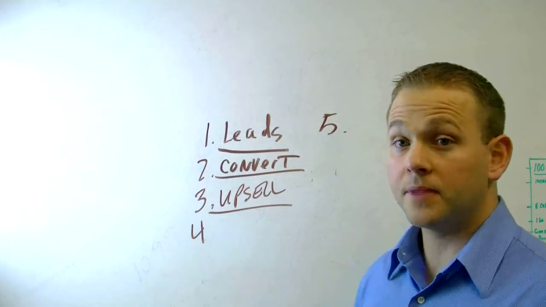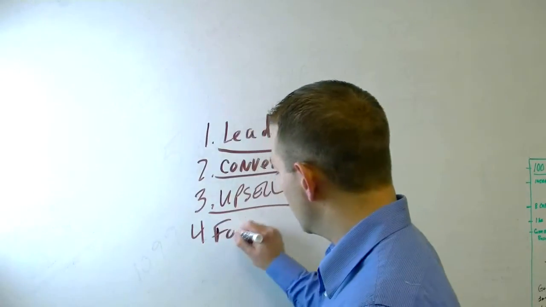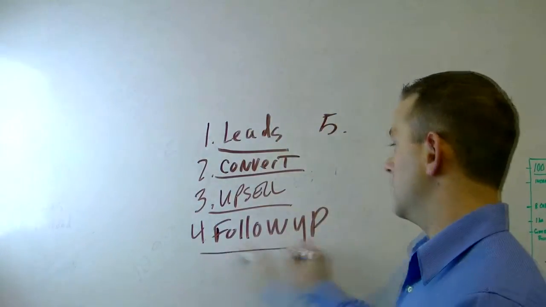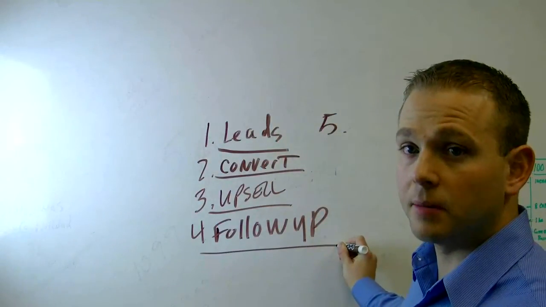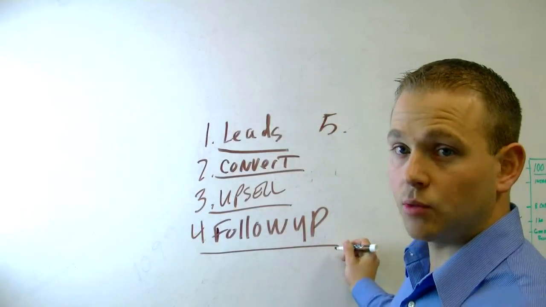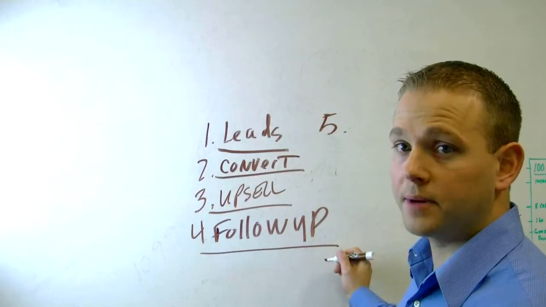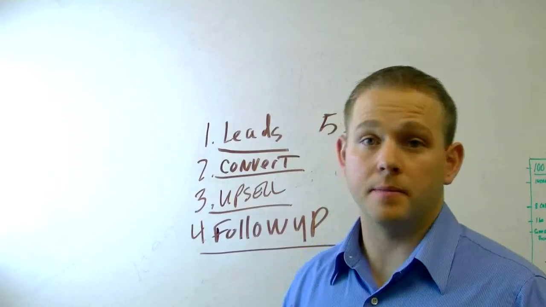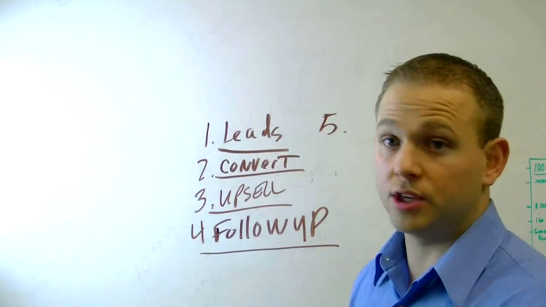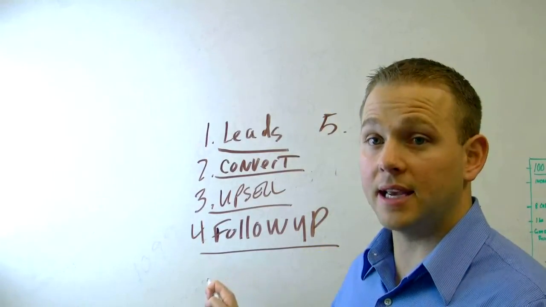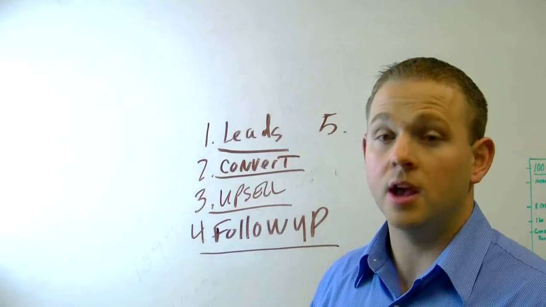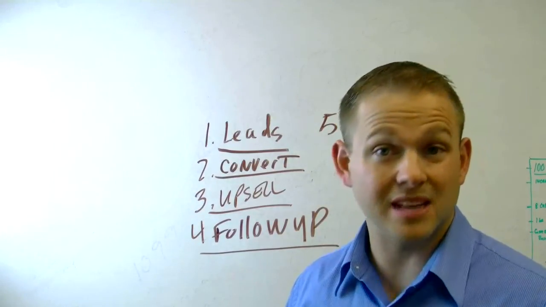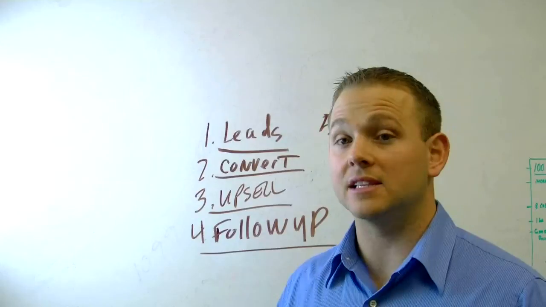Number 4 is follow-up. It's really important that you follow up continually. Now there are a lot of automation processes or tools that you can utilize to make this a lot easier so you're not having to do it yourself. There's email, text message, mobile marketing, all kinds of different things that you can be doing.